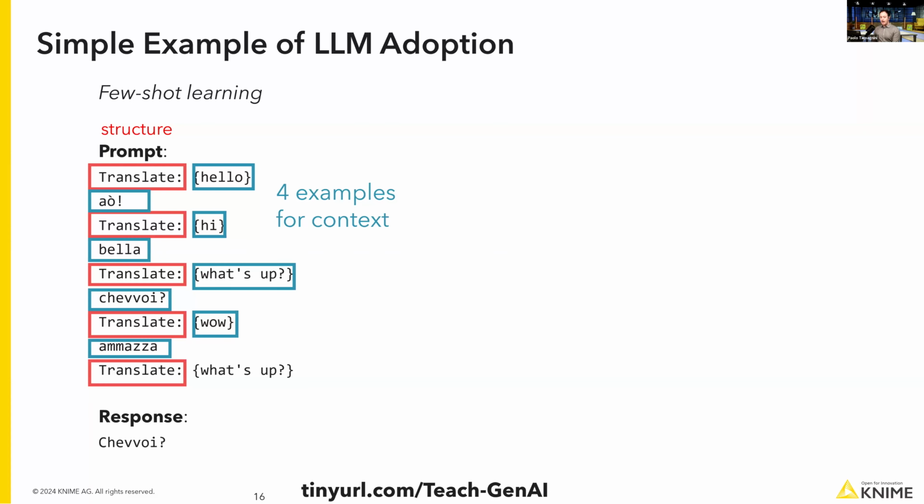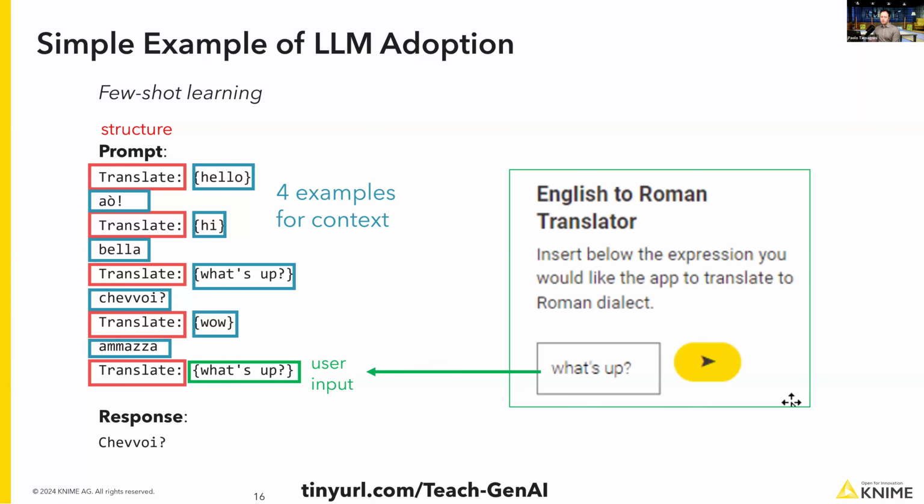And for the last example, you don't provide a solution. That is the user input, something the user logs in, that can come from an application, for example. In this case, it could be a user interface like this, where you provide this user input, and you can see the response, the solution given by the application.